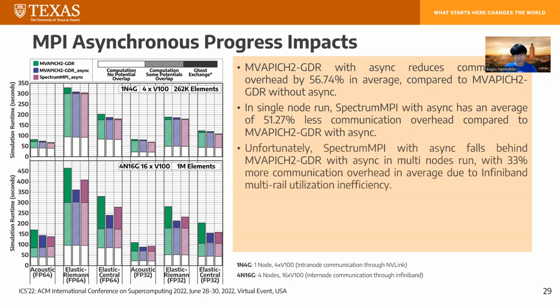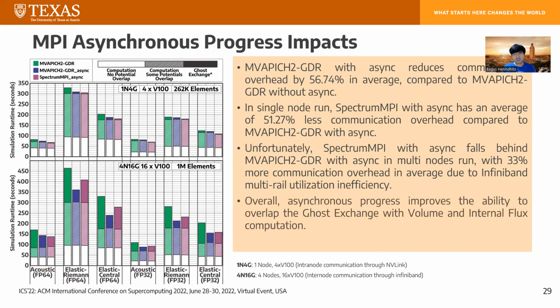Unfortunately, in the multi-node runs, Spectrum MPI with asynchronous progression falls behind MVAPICH-GDR with asynchronous progression. The reason is that Spectrum MPI has inefficiency in InfiniBand multi-rail utilization. So overall, asynchronous progress improves the ability to overlap the ghost exchange with volume and internal flux computation.